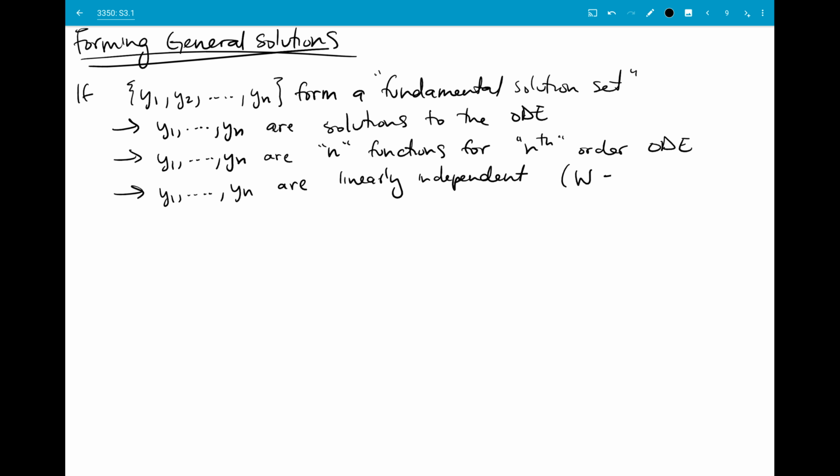Or in shorthand, we're going to say that the Wronskian is non-zero.